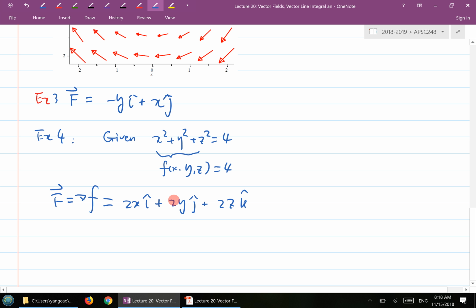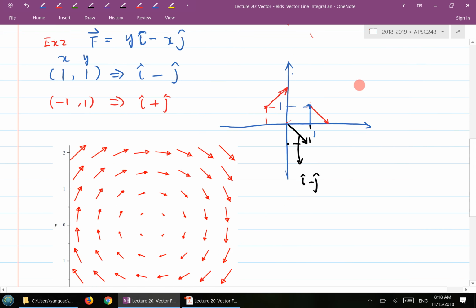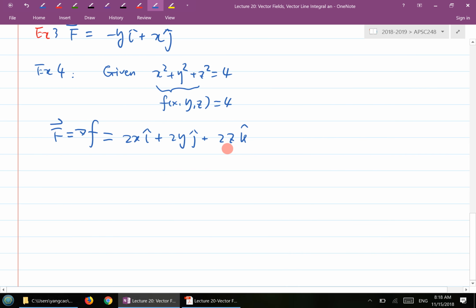This one is 3D, but you can visualize it very easily because we have already visualized the 2D x i hat plus y j hat. If I put a 2 and 2 here, not much difference, except maybe the vector length will be bigger at a certain location. But if I extend it to 3D, just add a 2z k hat here. Now can you imagine what this vector field is in your head?